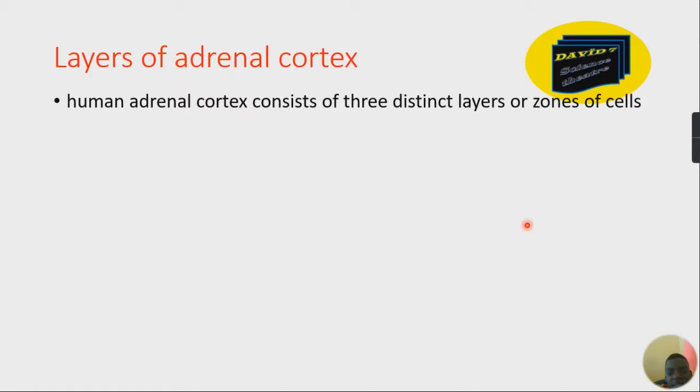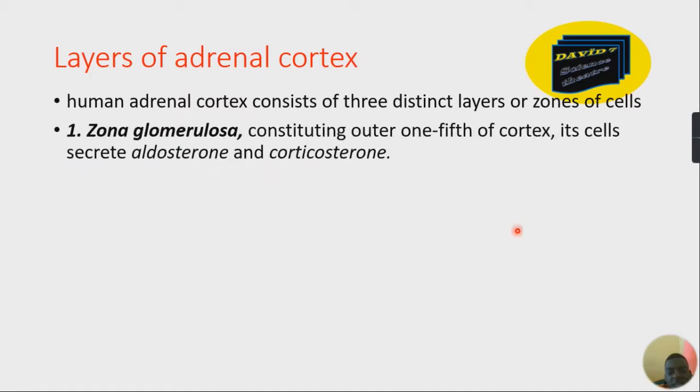The human adrenal cortex has distinct layers and zones. One is the zona glomerulosa, which is about 1/5 of the cortex and secretes aldosterone. This is a mineralocorticoid. These hormones are from the zona glomerulosa.